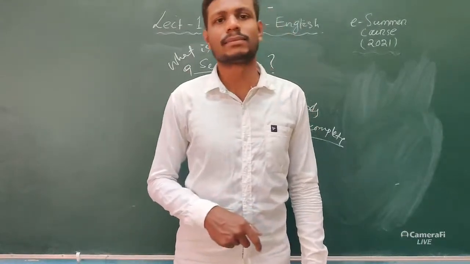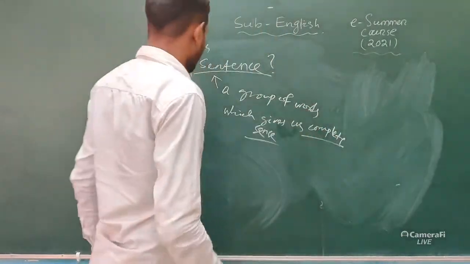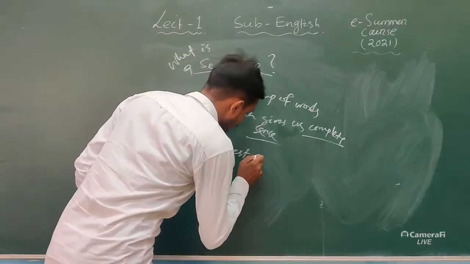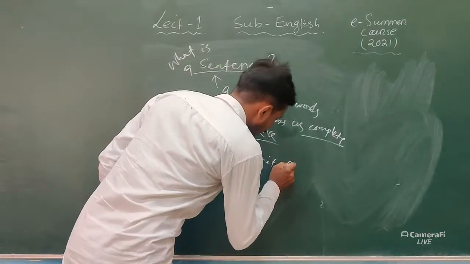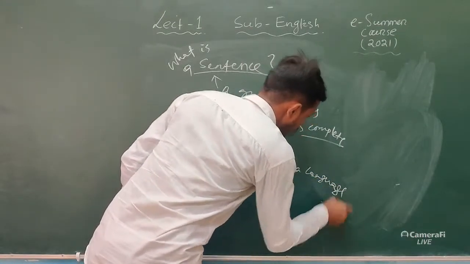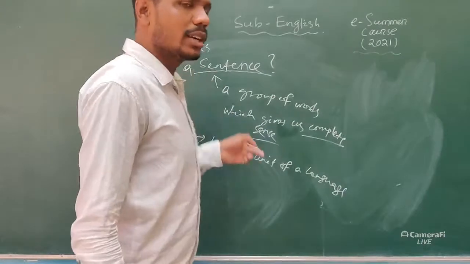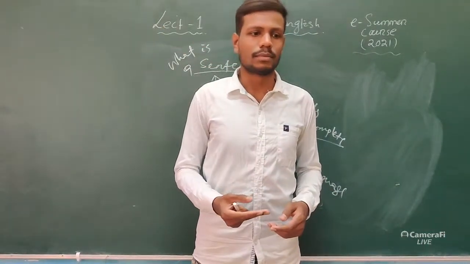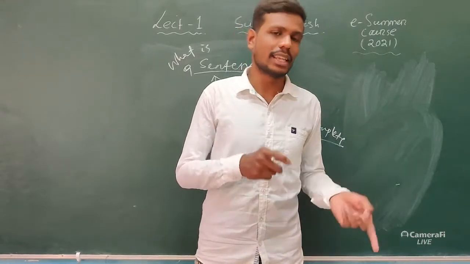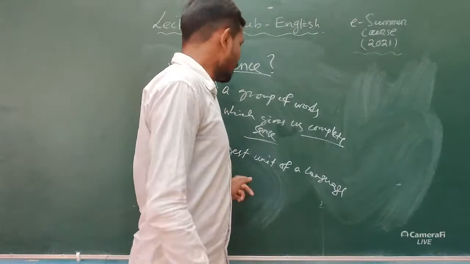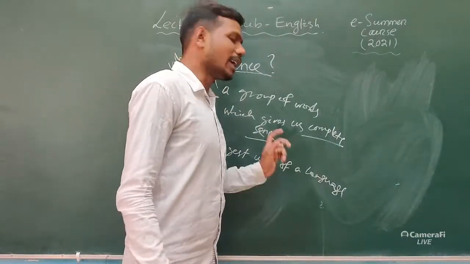That is known as a sentence, and it is the largest unit of a language. जैसे होता है ना हमारा ग्राम, केबी, एमबी, जीबी, टीबी, like that. It is the largest unit of a language.